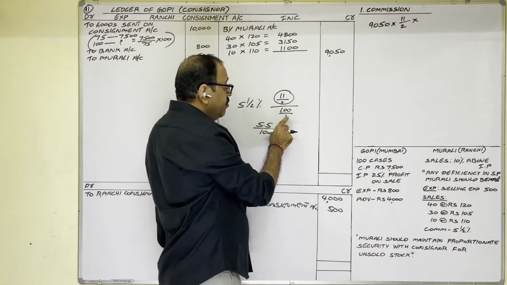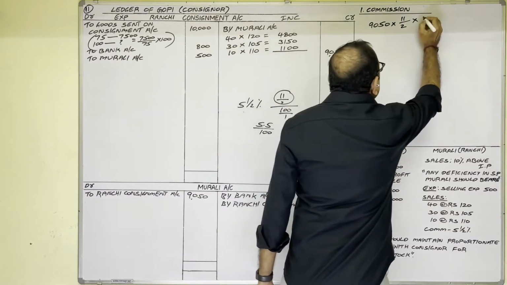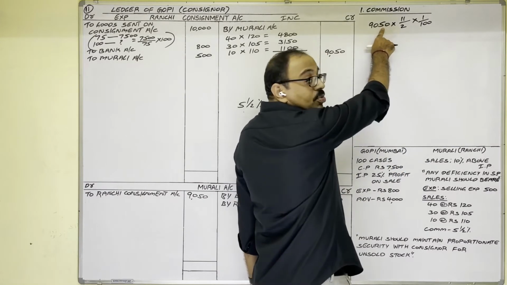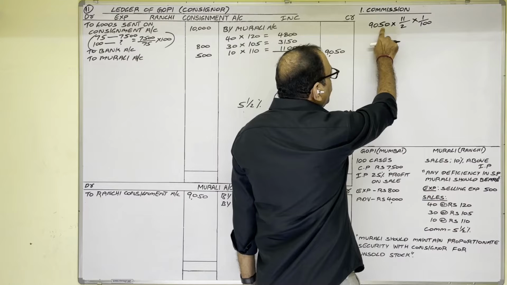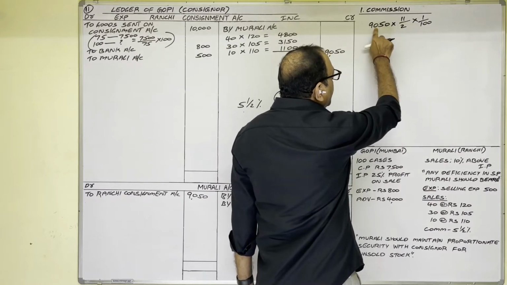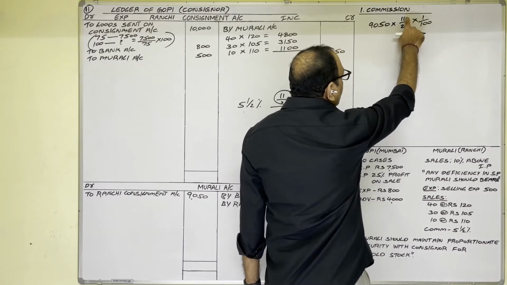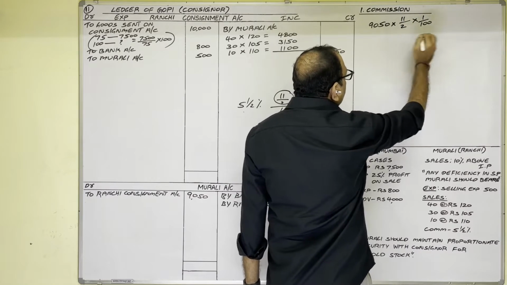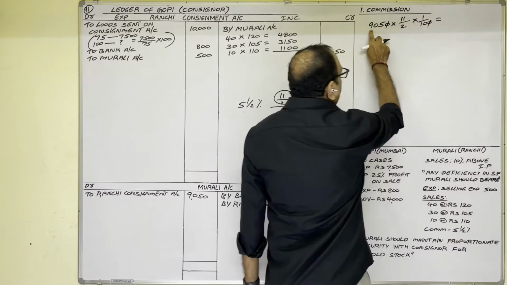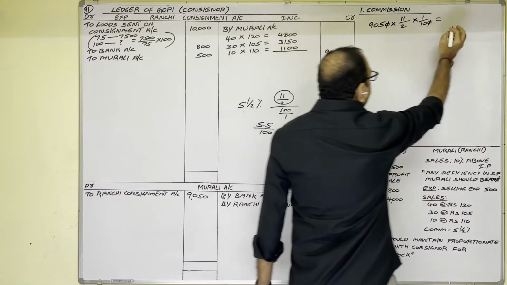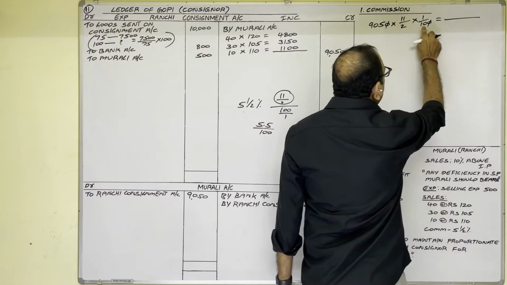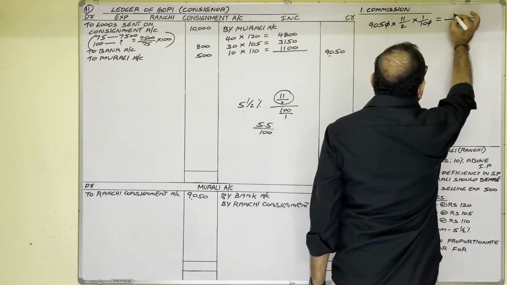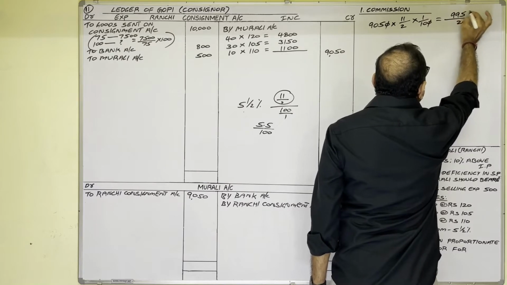How do we have to write? 9,050 is the numerator, and 100 is in the denominator. 9,050 and 100 we can cancel, and 2 and 100 we can cancel. Then 905 into 11 divided by 2 into 10, that is 20. 905 into 11 is 9,955.